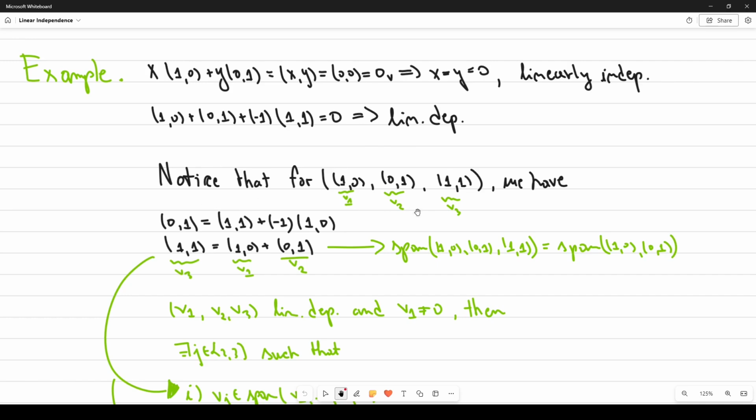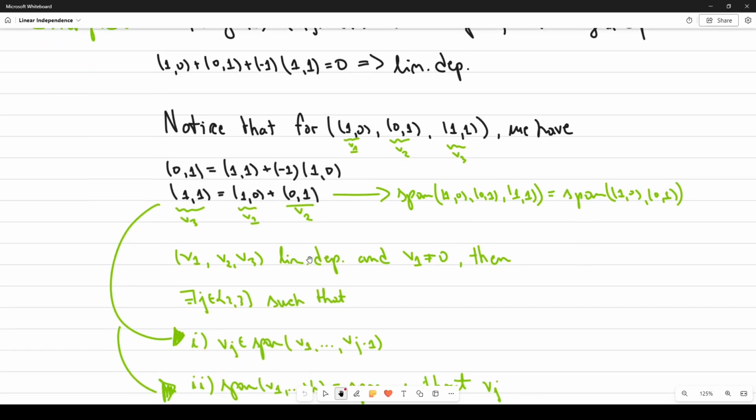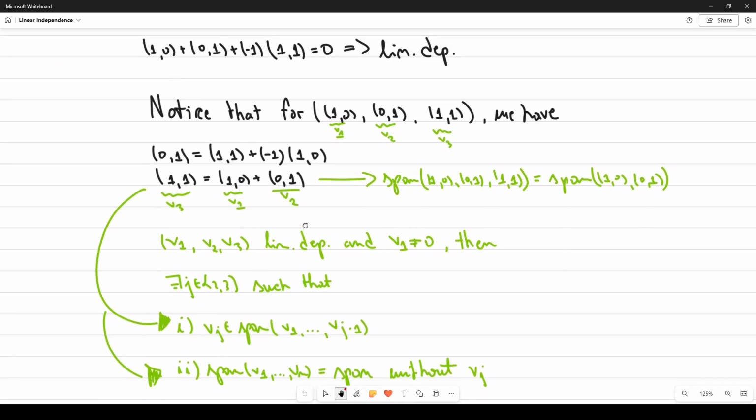And now notice that if I put these vectors in an ordered list, so this is my first vector, my second, and my third, we have that, for example, (0, 1) can be expressed as a linear combination, and more interestingly, our third element, our last element, can be expressed as a linear combination of the first and the second vector. So this will inspire us to formulate a result.